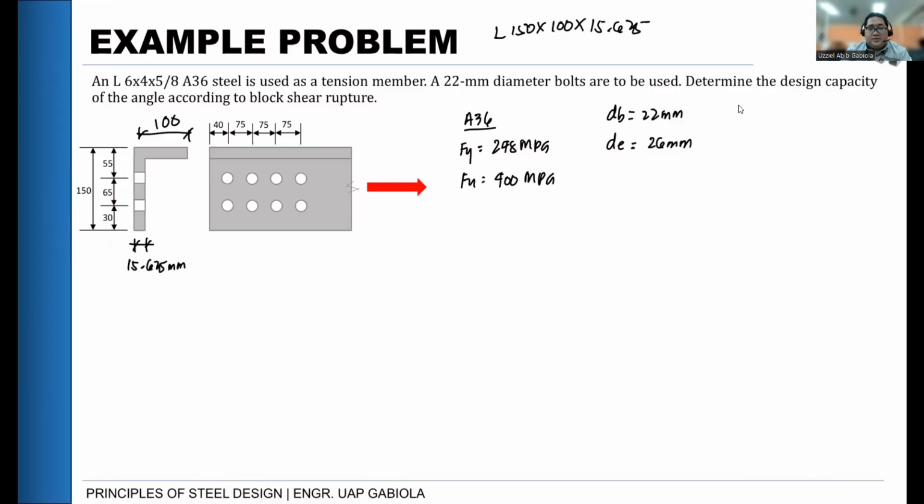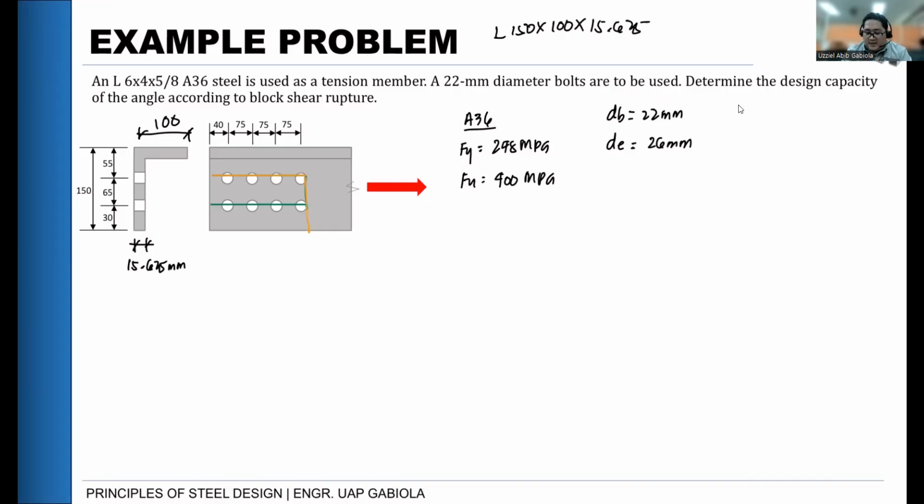Okay? So, ayan. So ngayon, our task is to identify yung mga possible block shear path natin. So observing our diagram, I hope you can identify 3 possible block shear path. So yung una is the same as the first one, condition natin sa previous slide, na ito yung magiging failure path natin. Okay, that is the first failure path. Another one is the same yung shear plane, pero yung kanyang tension plane is extended hanggang doon sa ilalim.